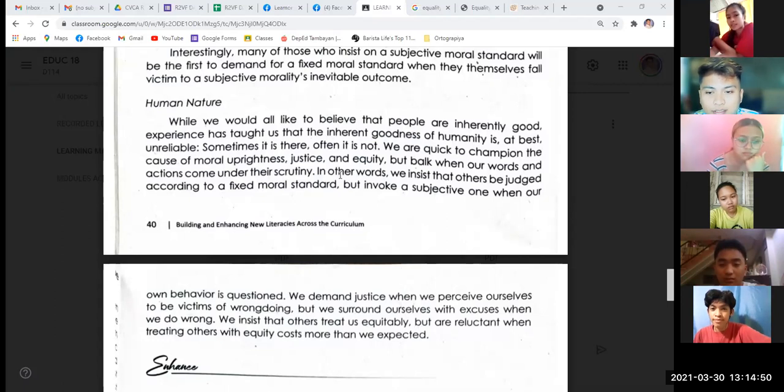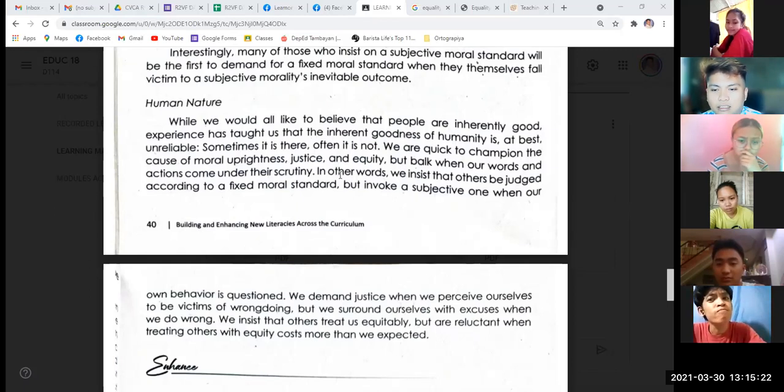Naintindihan? Or should I interpret it? Oh, don't be shy. Kaya pwede naman nating interpret, para nakikita natin kung pare-pareho tayo ng wavelength ng understanding o hindi. O, pag naintindihan, okay na.